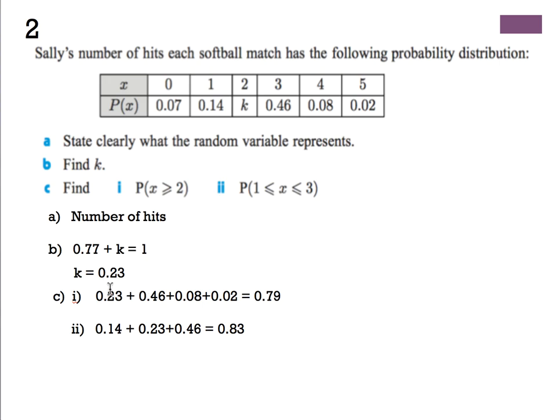So you will have this 0.23 plus 0.46, which is probability of x equals 3, plus 0.08, which is probability of x equals 4, plus 0.02, which is probability of x equals 5. Add them all up and then you will get 0.79.